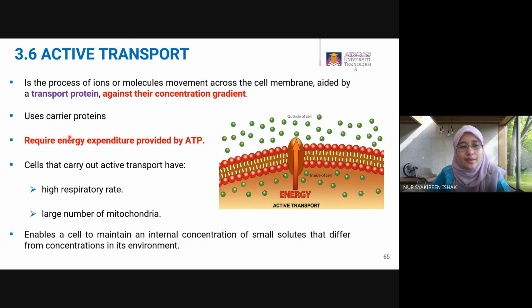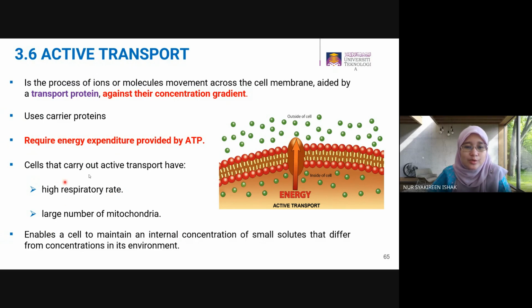Because the movement of solute is against its concentration gradient, the process requires energy from ATP molecules. ATP molecules are produced from the process of cellular respiration. So cells that carry out active transport have high respiratory rates.